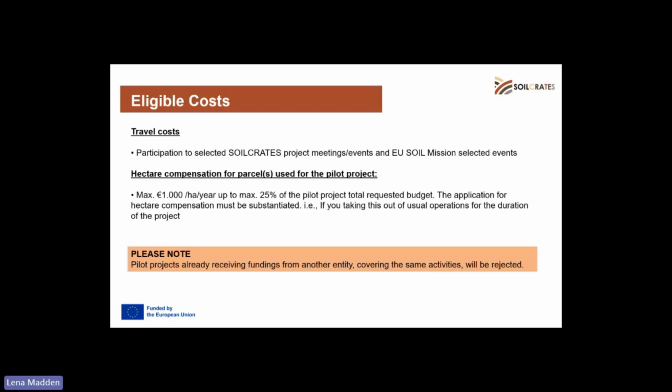The application for hectare compensation must be substantiated. What does it mean? That means you're taking this out of usual operation for the duration of the project. So if you continue, just slightly changing the practice, they're not going to accept it, or they're going to question it or ask you to reduce the amount.